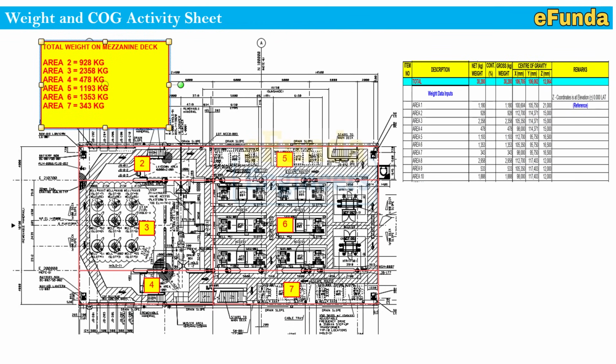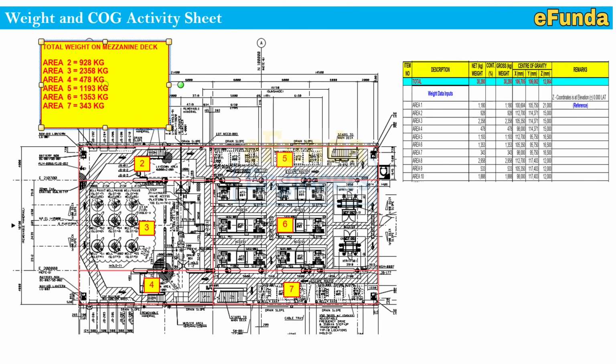For area weight calculation, area 2, 3, 4, 5, 6, 7 weights are calculated, and those weights are included in the tabulated sheet for better understanding.